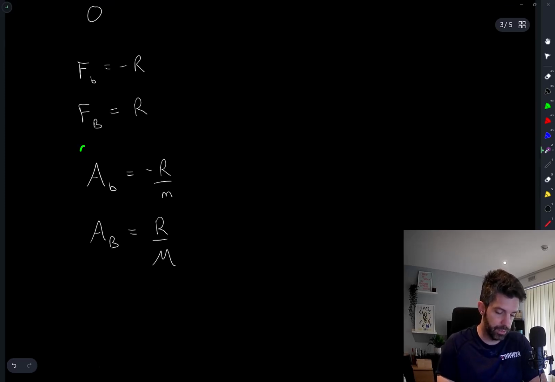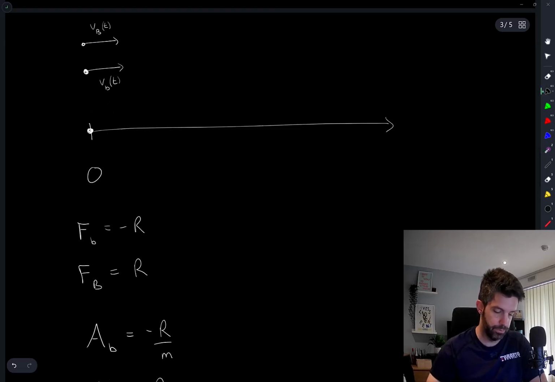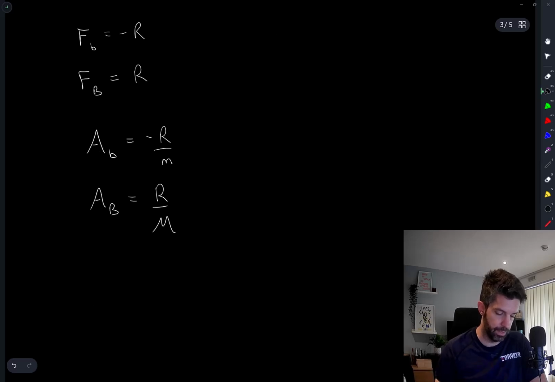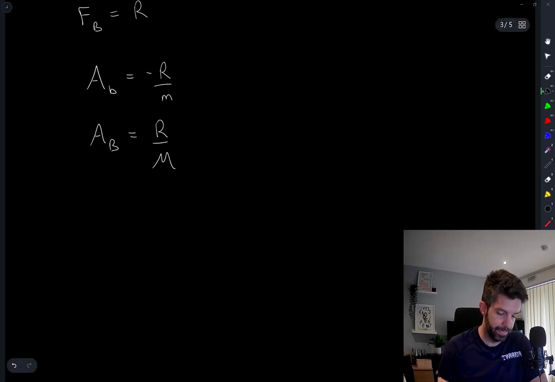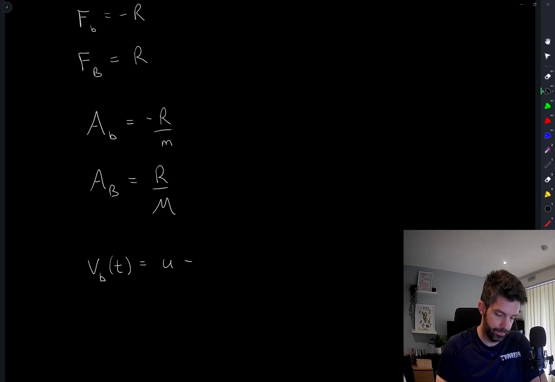If this is the acceleration of the bullet relative to that 0 point, then I have the velocity of the bullet in a fixed frame of reference. So the velocity of the bullet is going to be the same as it was before: u minus rt over m.